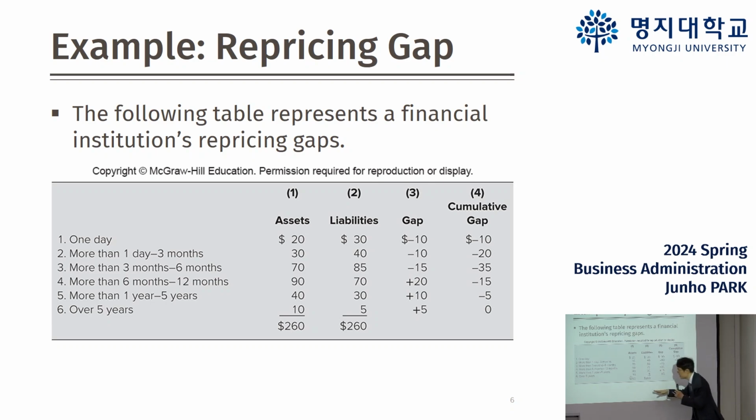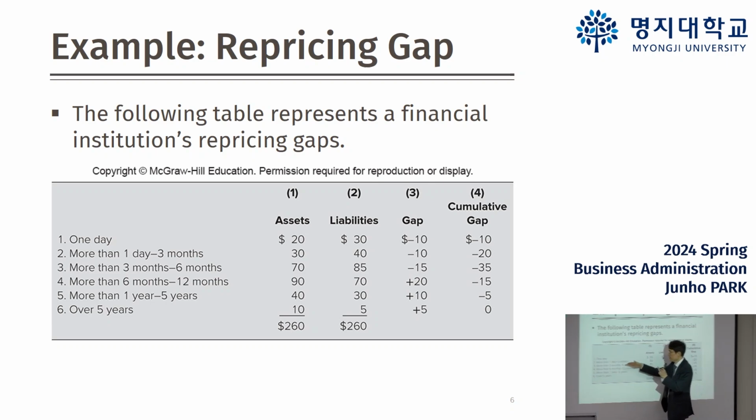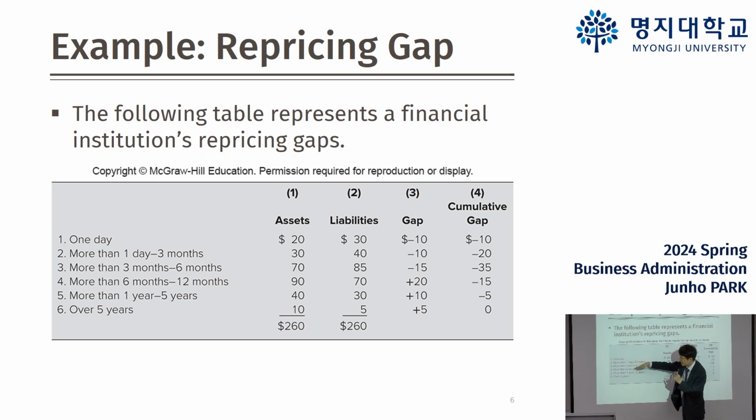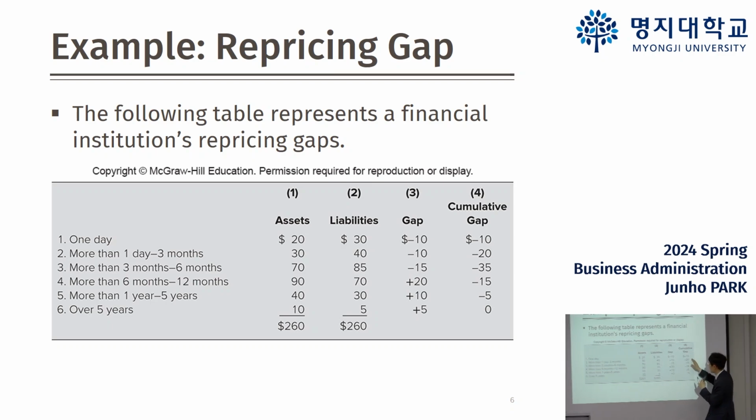So in that case, we need to consider the 4 buckets together, because for the interest rate shorter than 1 year, we need to care about these 4 together. So in that case, we can calculate the cumulative gap. Here, the cumulative gap is the addition of these gaps. Minus 10, minus 10, so minus 20, minus 15, so we have minus 35, plus 20, so we have minus 15. So this is the cumulative 1 year gap.